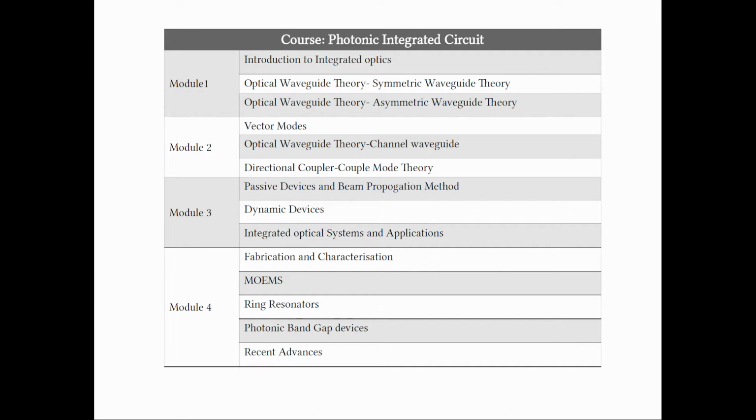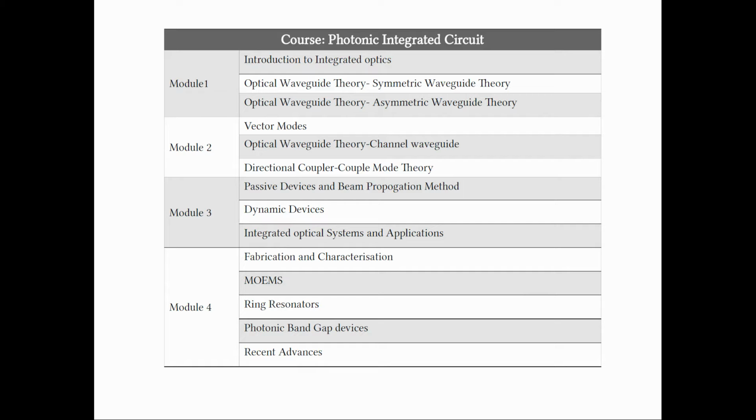So we had started with a brief introduction to integrated optics. Then we went a bit mathematically on how light propagates in optical waveguides, and in particular on symmetric slab waveguides and asymmetric slab waveguides. Then we looked at the actual properties of the modes which are vectorial in nature. Then we looked at what is called the coupled mode theory, or the theory that will be useful for studying the directional couplers and many other phenomena.